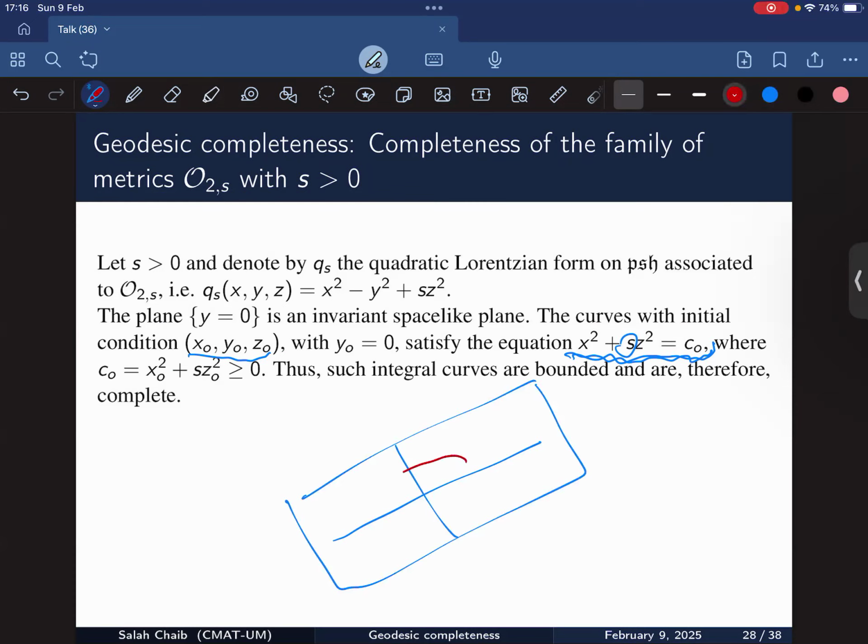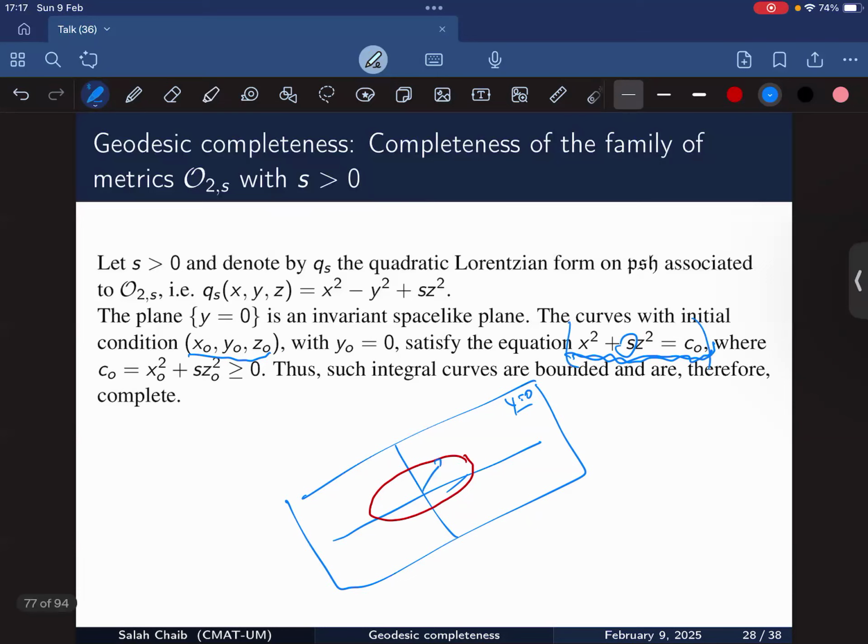So they are in some ellipse in the plane y0. So each integral curve must be in some ellipse of this form, which is compact, so it's complete. So if we start with any initial condition here, we'll stay here always. And we get this from the equation, replacing y by 0.